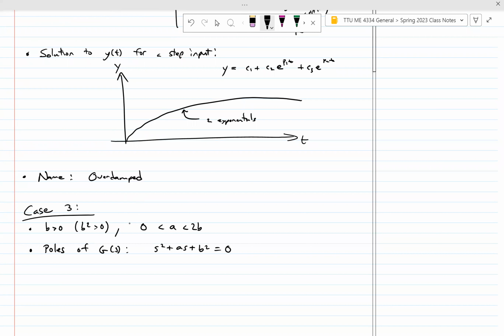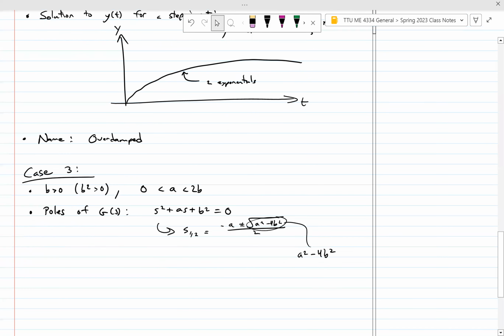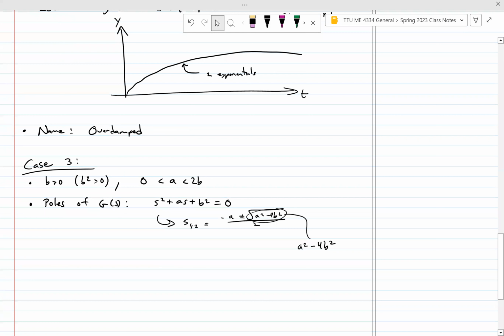What do we end up with for our poles? Still the same equation, but what happens in this case? Complex? Why complex? All right, so in the square root, we had a squared minus 4b squared, but a squared has to be less than 4b squared.